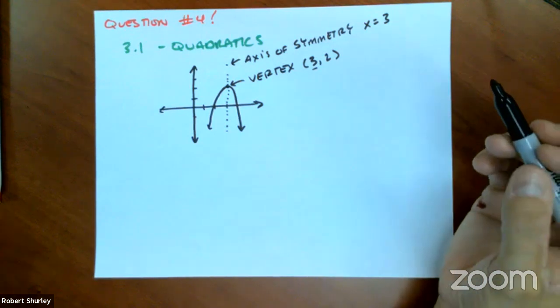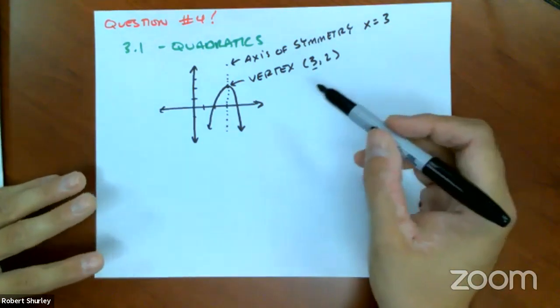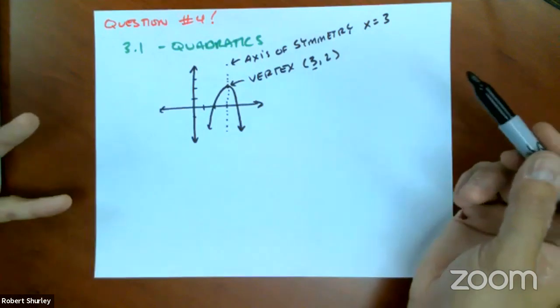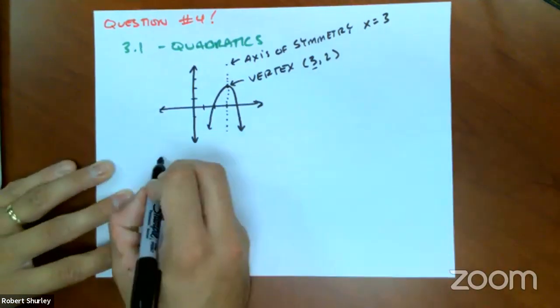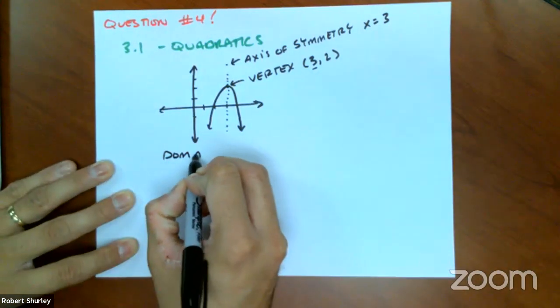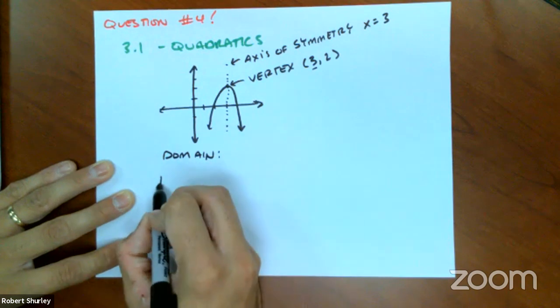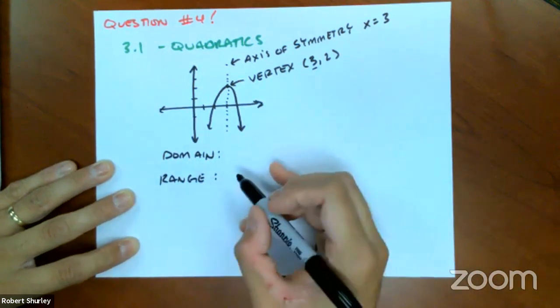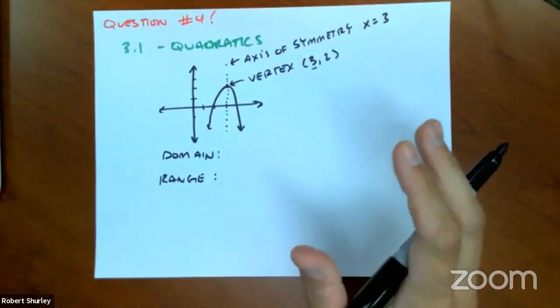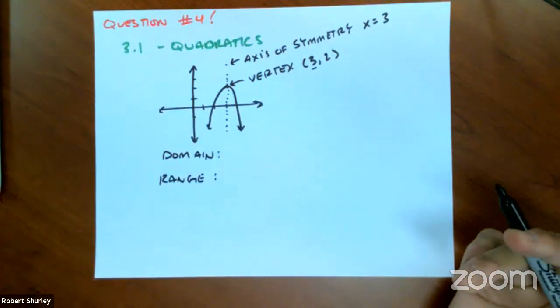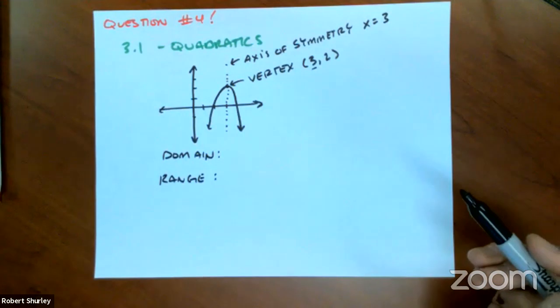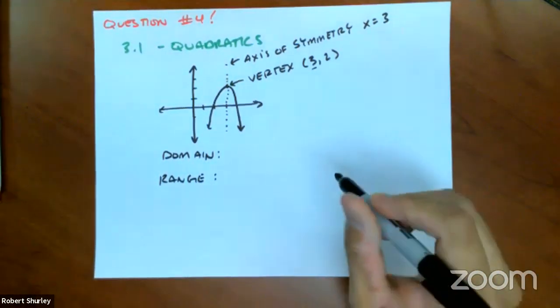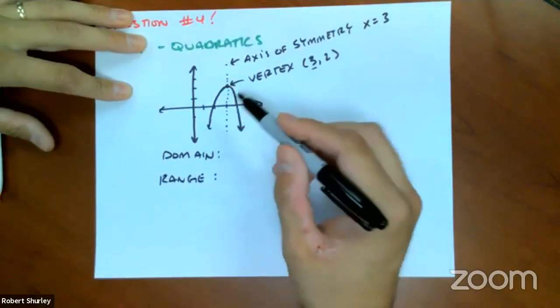No big deal. So now, a few other things that are common to ask with quadratics, really with anything. If we ask domain and range, which we've talked about in the past. I believe we have, yeah. The domain, now what's nice about quadratics is the domain is always all real numbers, always, okay? It goes to the left forever and it goes to the right forever.